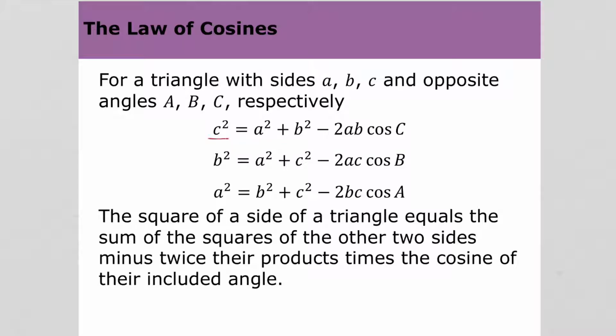You've got C squared equals, and your angle is C. So that's always the case, whether it's B or A. Always what you're finding, or what it's set equal to, is the side opposite the angle that you're going to use for cosine there. And then it's just the other two sides that make up the rest of it. The squared plus squared minus 2 times those two sides.